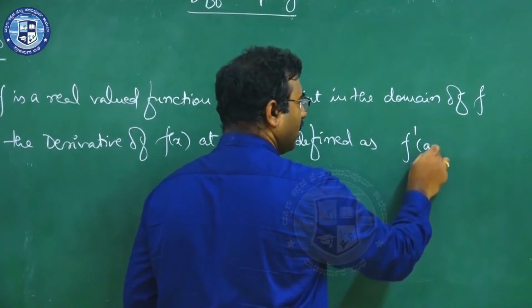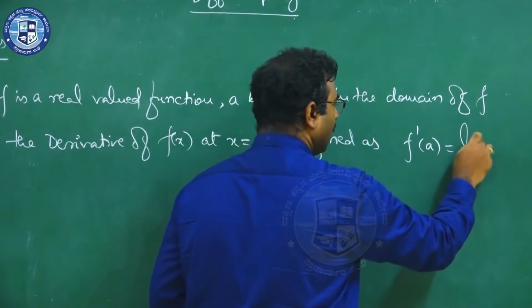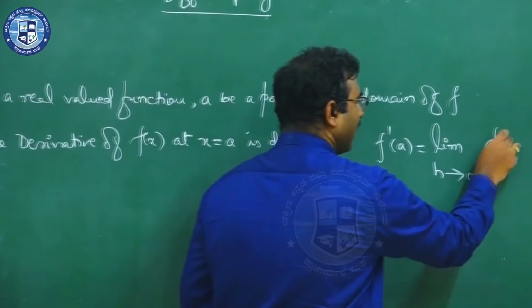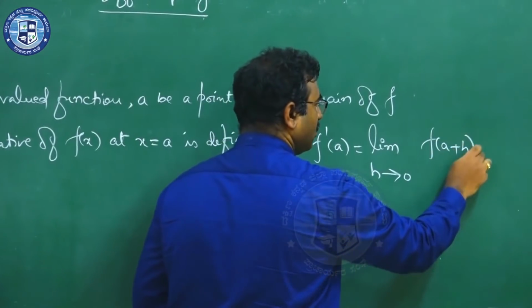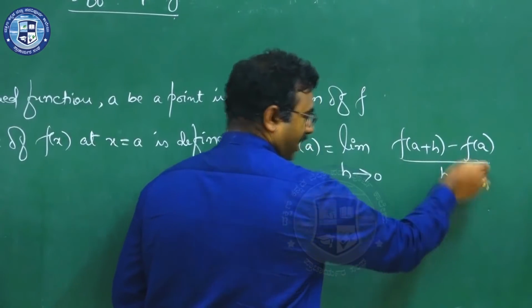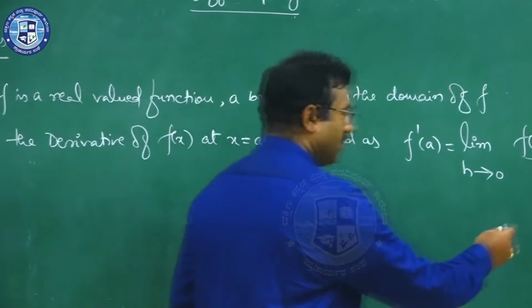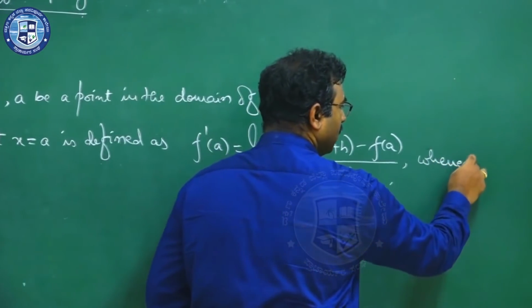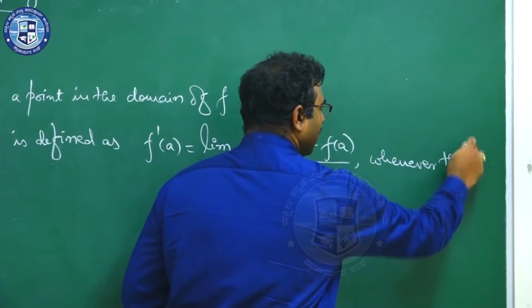f dash of a is equal to limit h tends to 0 f of a plus h minus f of a divided by h, whenever the limit exists.